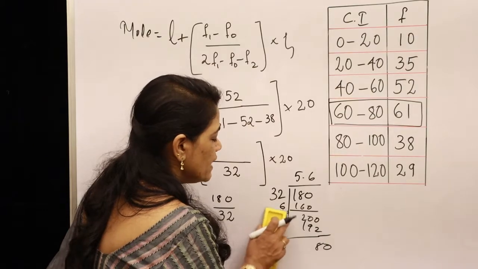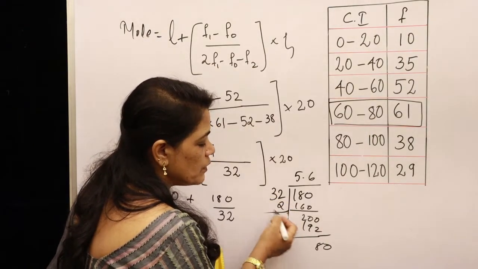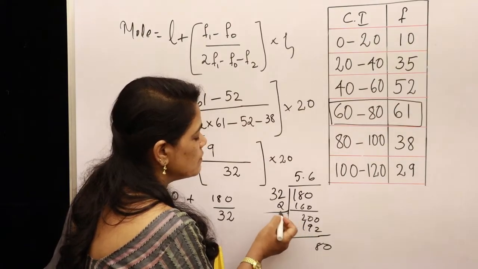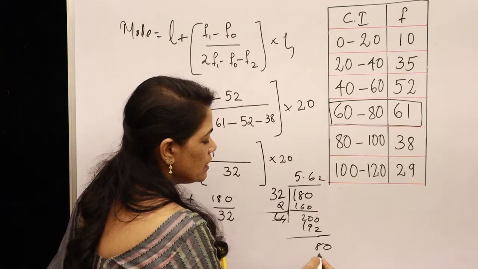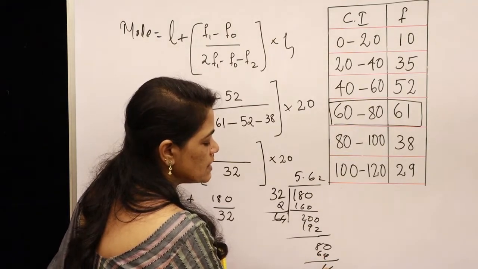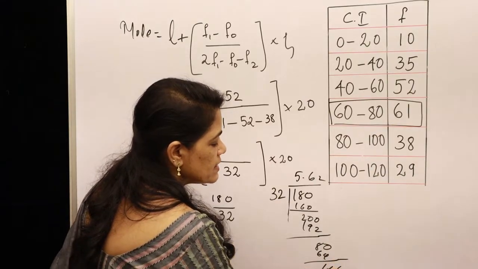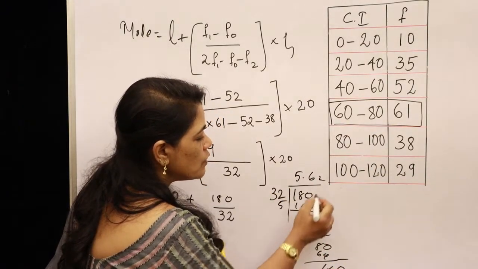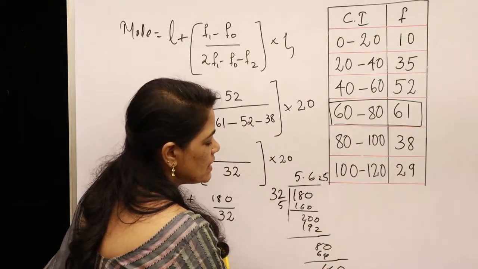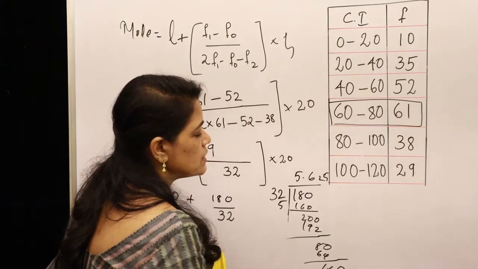So in 80, how many times? 2 times, we cannot take 3 because it comes to more than 80. So 64, subtracting gives 16. Put 0, and in 160 we have seen 5 times. So 160, remainder is 0.